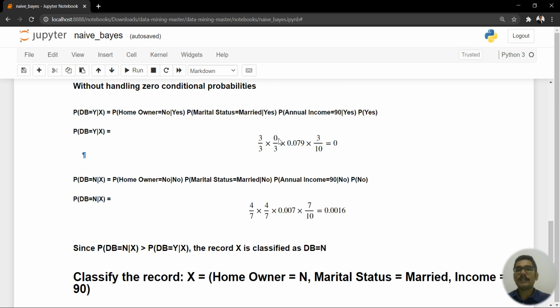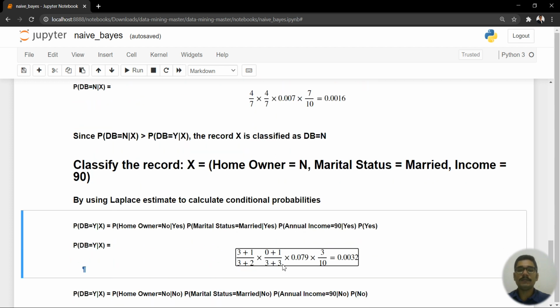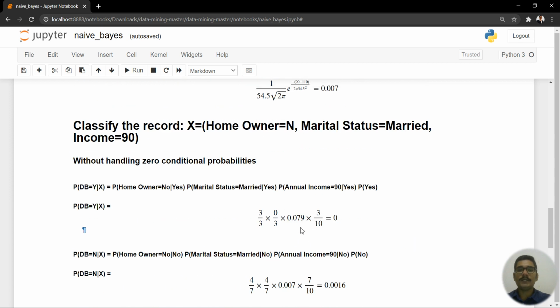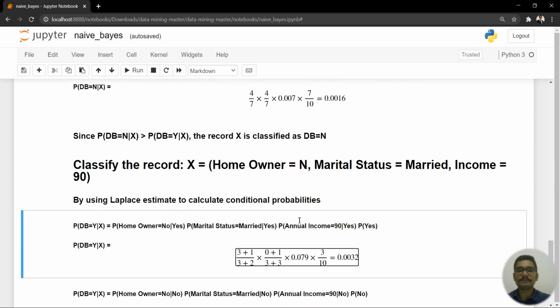In the numerator you add 1 and in the denominator you add 3, because marital status has 3 unique values: single, married and divorced. It is multiplied by the probability from the Gaussian estimate, and by the class prior. This you should not forget, otherwise your calculation would be wrong. So you estimate a probability of 0.0032.